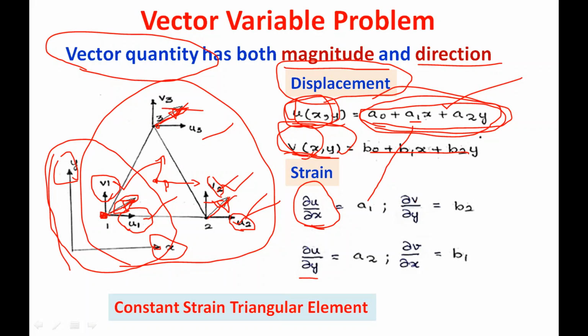Similarly dou v by dou y, strain along the y direction, normal strain. Here also b0 is 0, b1 x is 0, and we will get only the b2 coefficient. Similarly, if you find the shear strains, dou u by dou y, you will get a2, dou v by dou x, you will get b1. So all these strains we are getting are constants, a1, b1, a2, b2 are nothing but constants.